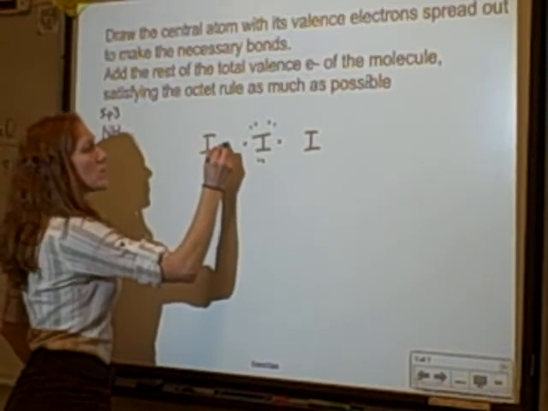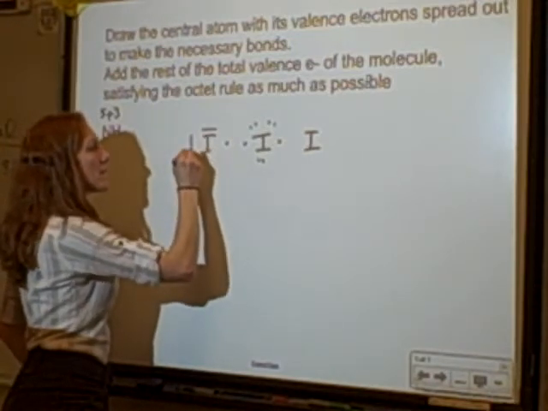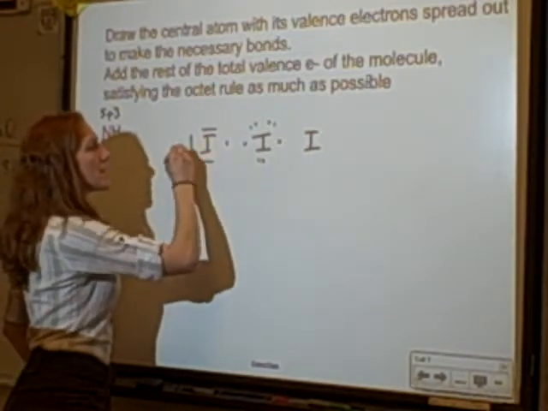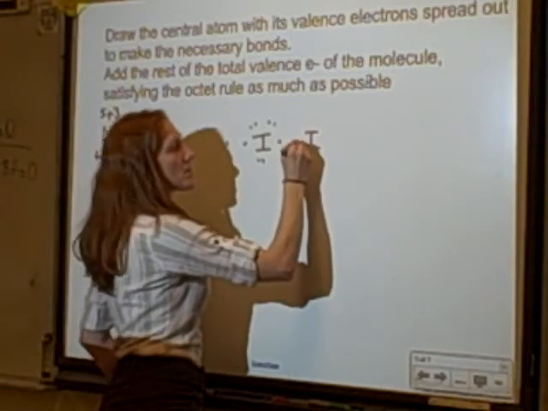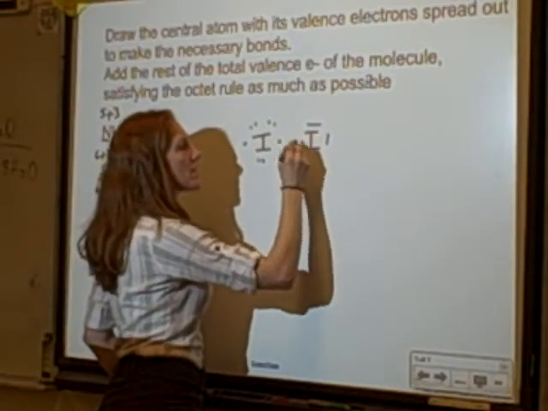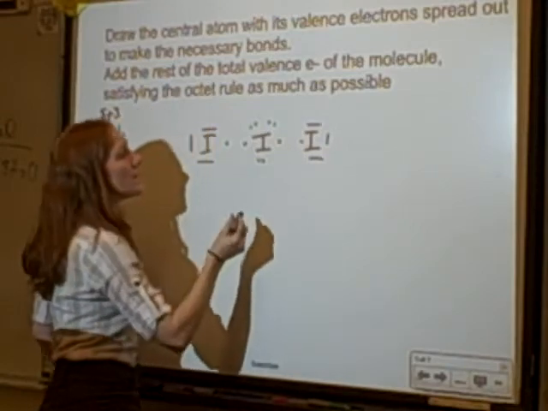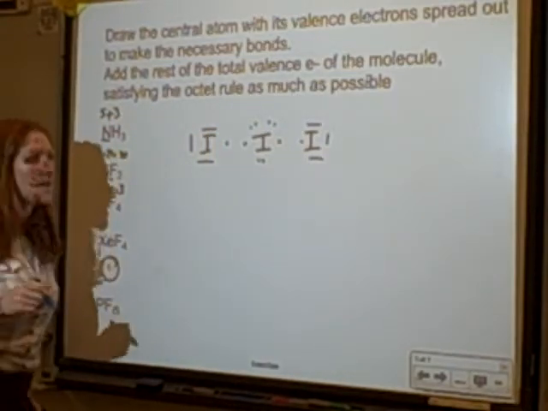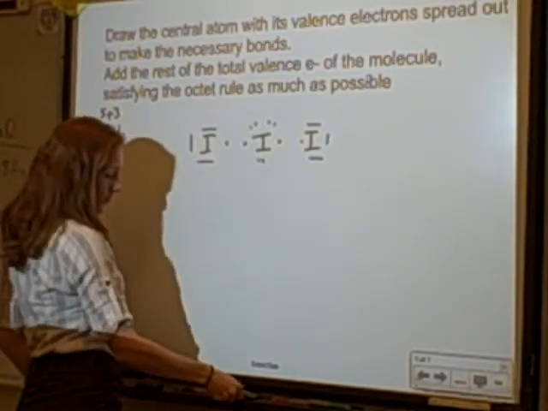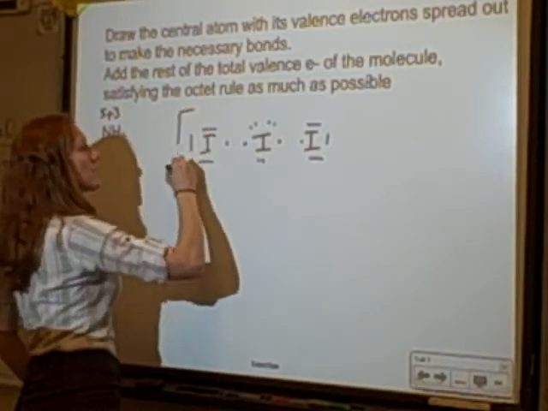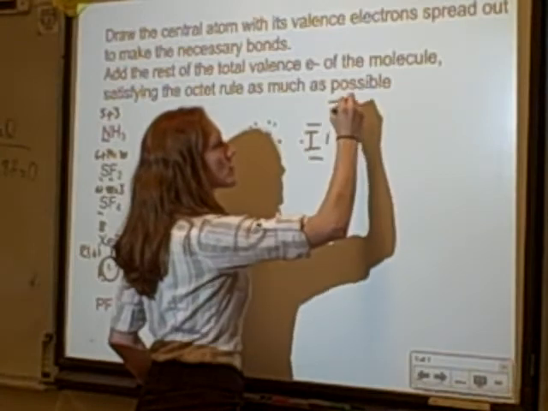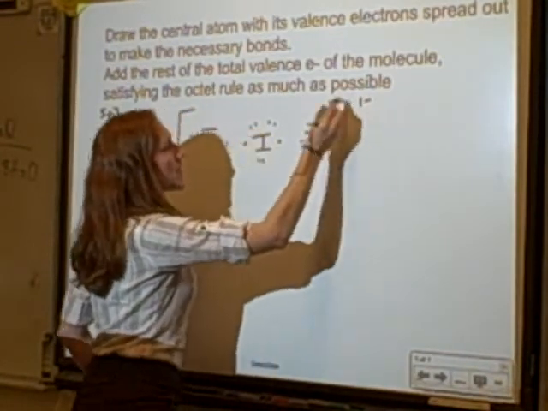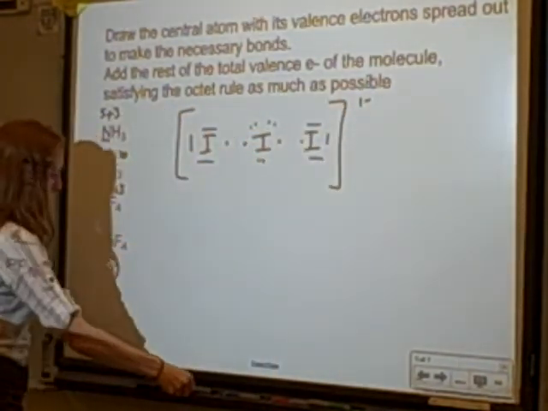So there's 1, 2, 3, 4, 5, 6, 7. So this iodine is surrounded by 7. Same with this one. 1, 2, 3, 4, 5, 6, 7. And then this iodine is breaking the octet rule, but it's allowed to because it can access its d orbitals. Then just to tell people, I did add an extra electron. That was I3 with a 1 minus charge. This means there's an extra electron floating around.